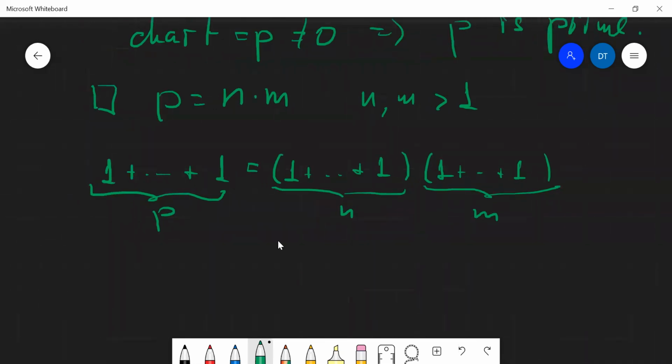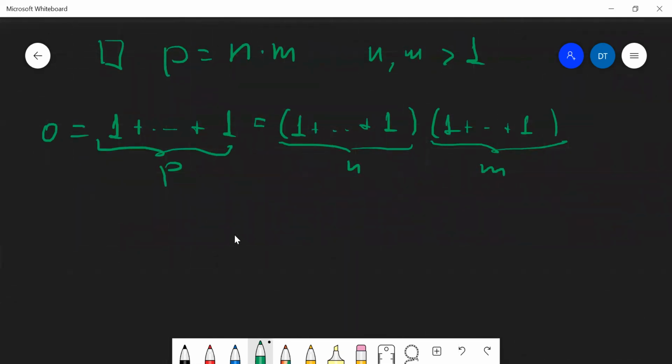So the left hand side and the right hand side are the same. But by definition, the left hand side is equal to 0 because P was the characteristic, so this sum must be 0, and P was the smallest possible number. Since n and m are strictly smaller than P, this element is not 0, and this element is not 0, because m and n are strictly greater than 1, so because of this equality, they must be strictly smaller than P.